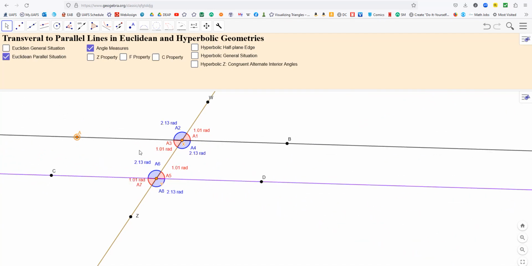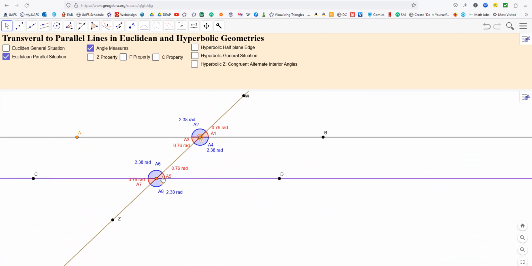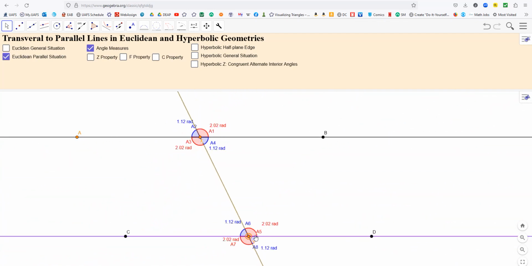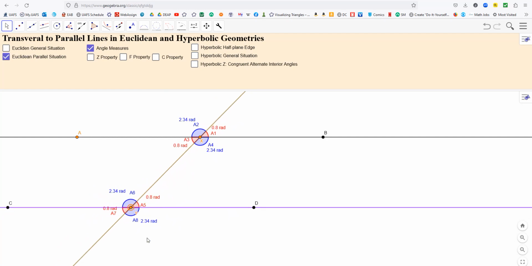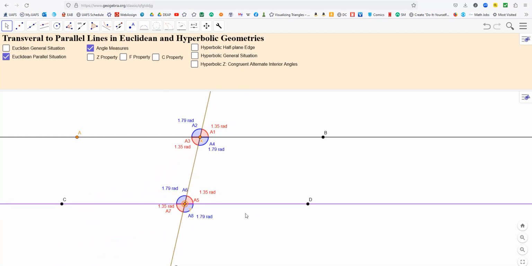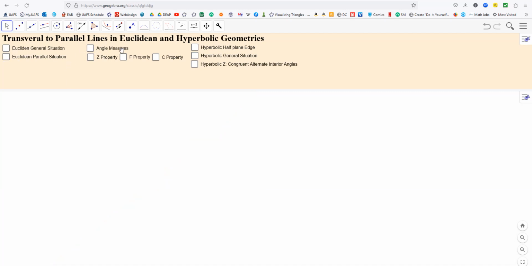In this particular case, A is a control point, X is a control point, and this one is also a control point, Y, the way we've got it. Notice that the purple line is parallel to this. And of course, in Euclidean geometry, there's only one such line. So we're going to be looking at that in some detail.